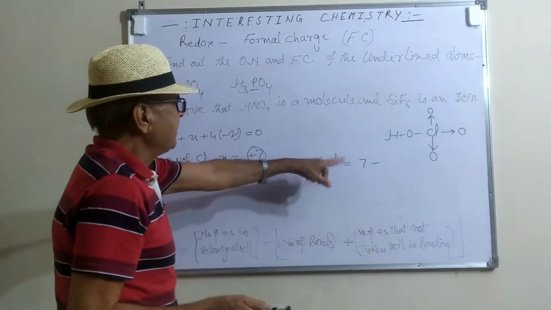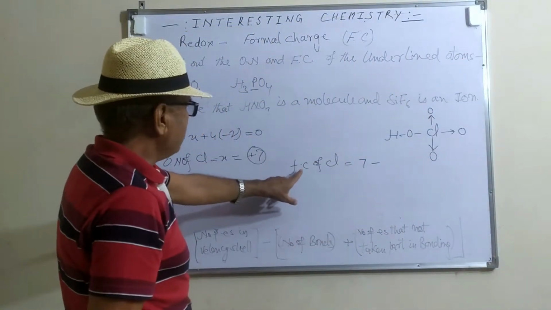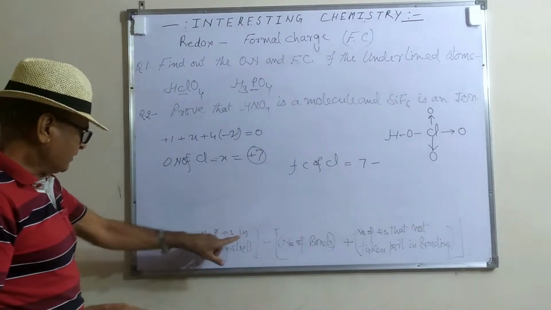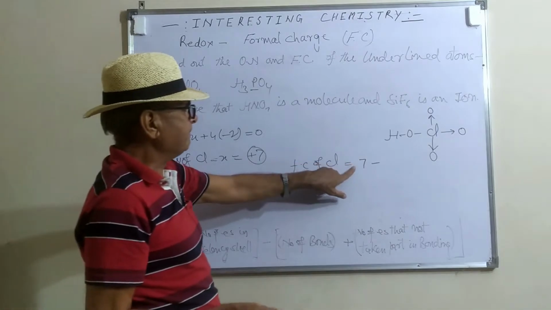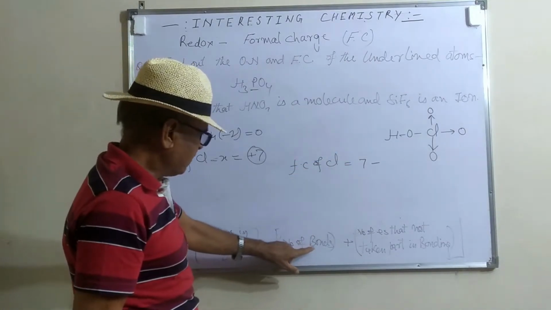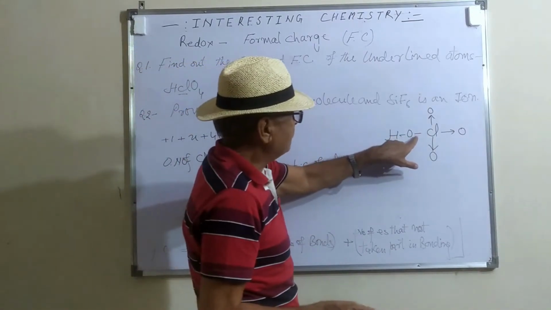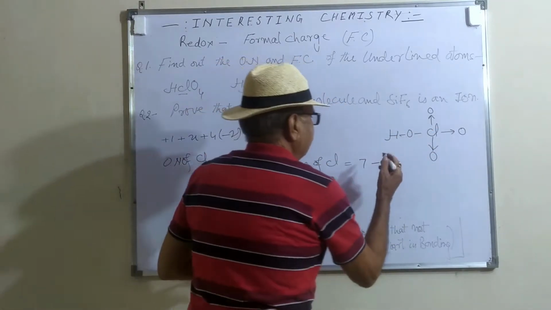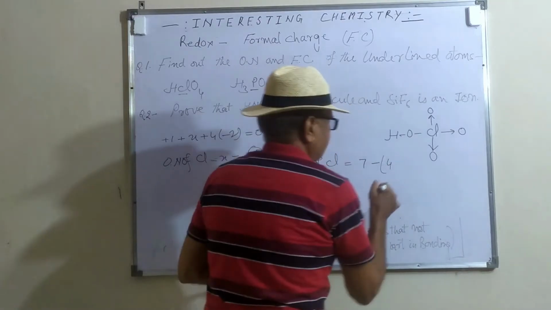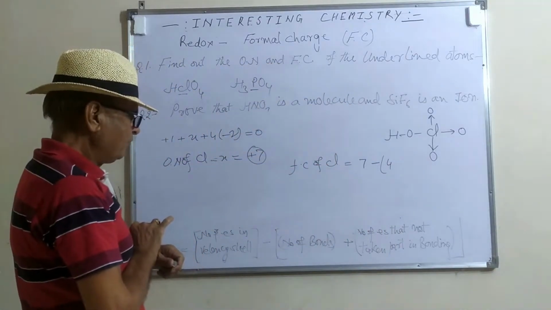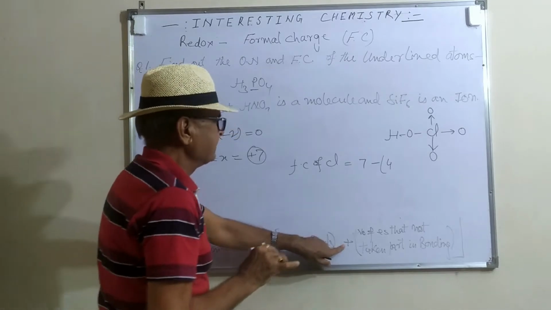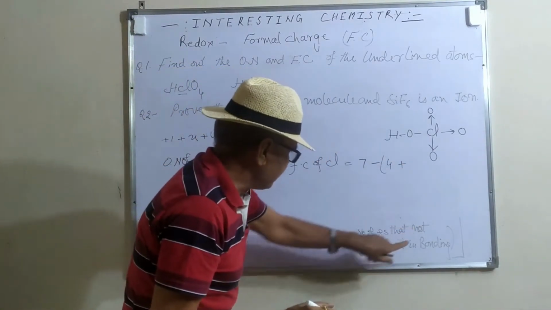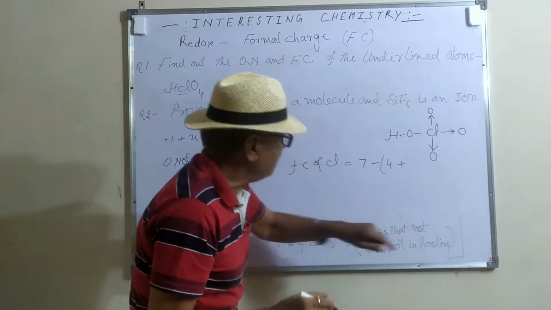So again I am telling you the Fc of the Cl. Here the number of electrons in the valency shell is 7, and the number of bonds around chlorine is 4: 1, 2, 3 and 4. So you can write here 4, plus the number of electrons not taking part in bonding.